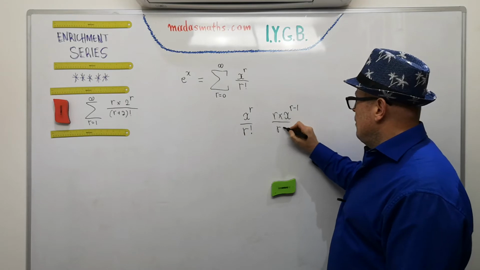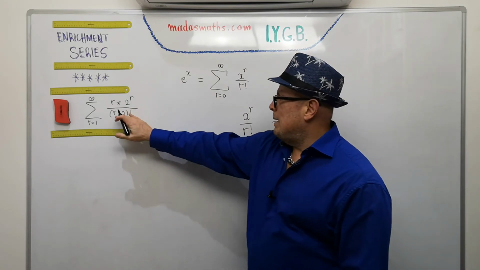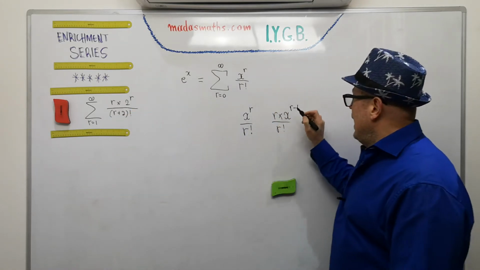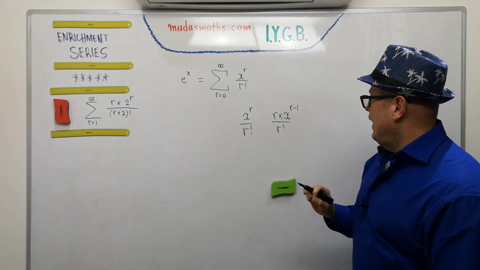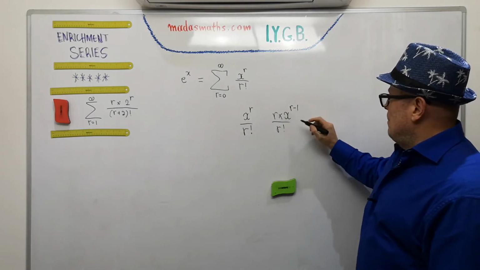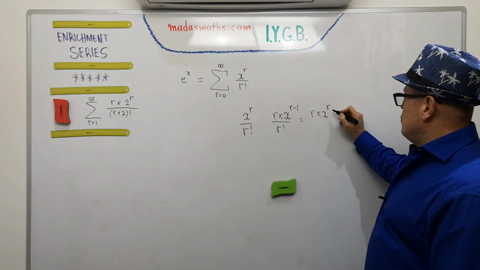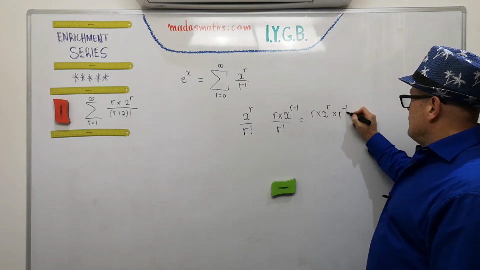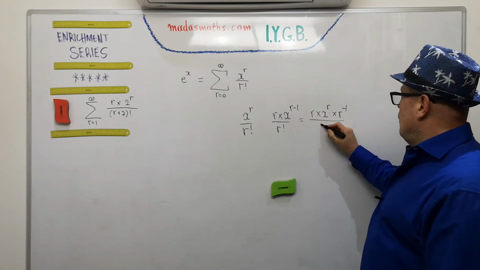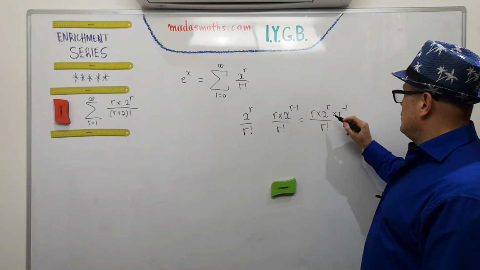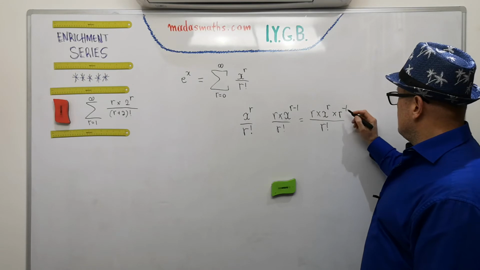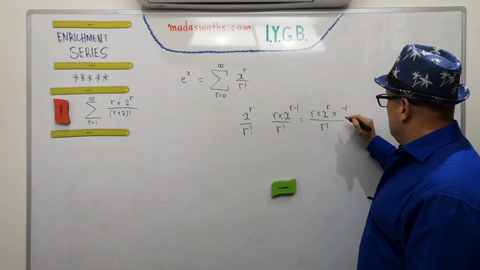The r factorial doesn't bother me, and it's a different problem how to shift it to r plus 2. I'm just looking at other bits in there. And of course, is that a problem? The answer is no, because once I write it as x to the r times r to the minus 1 over r factorial, once I put the value of, sorry, it's not the r there, it should be x, I beg your pardon.